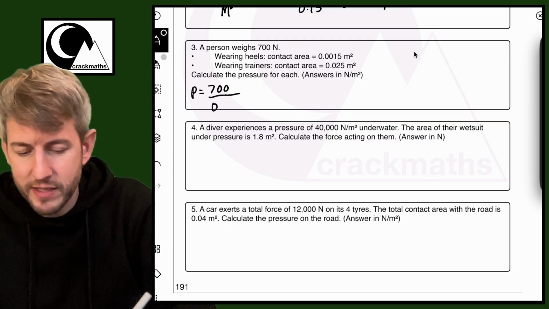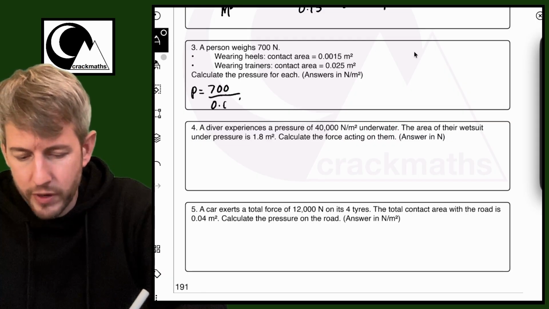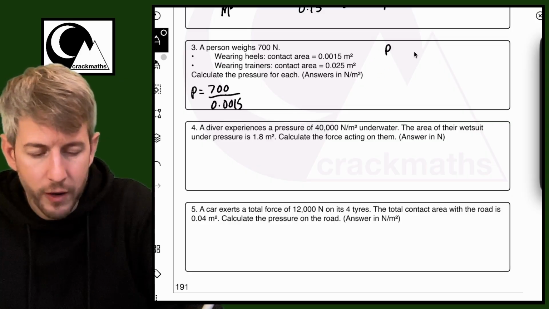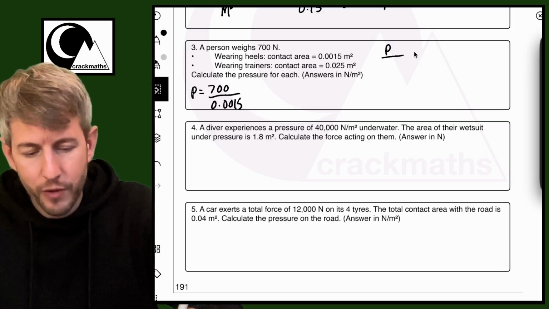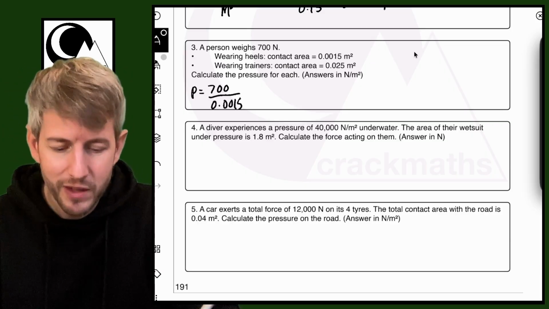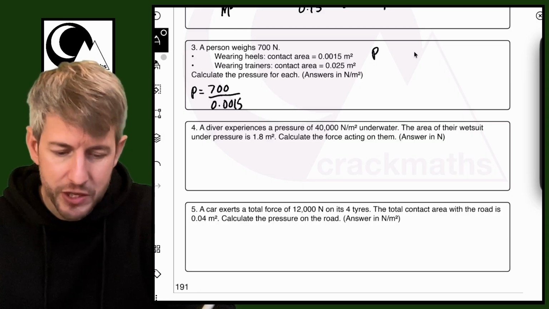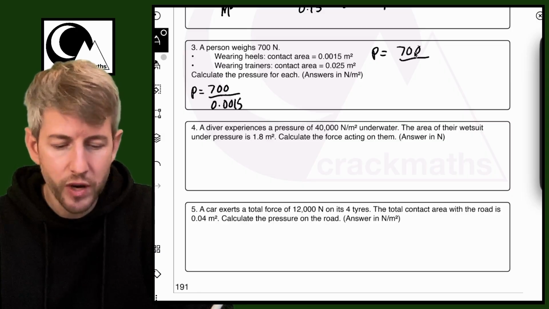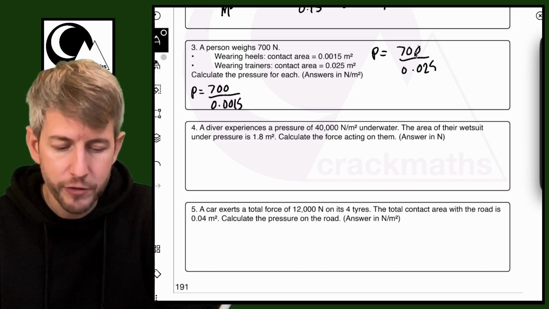For the first situation, it's going to be 0.0015. I'll write out situation 2 here, and then I'll get out the calculator and we can do it all together. For the second one, the pressure is equal to 700 divided by 0.025.